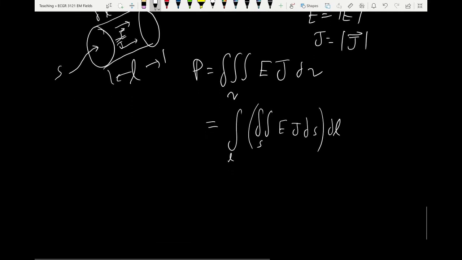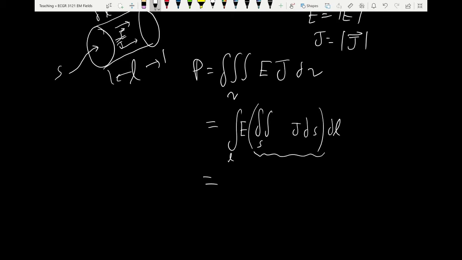Now the key thing here is because over the surface E is constant, I can take E out. I end up with this, right? So I took E out.